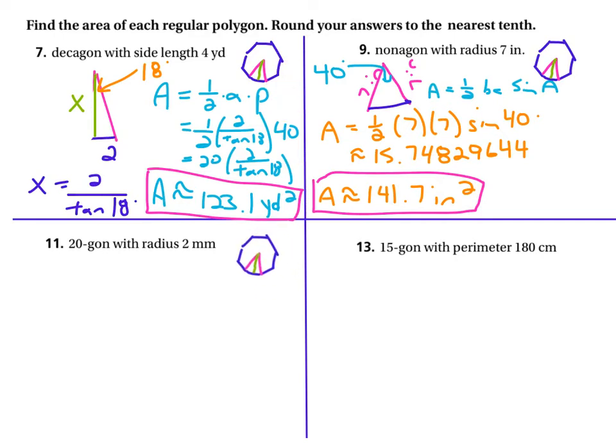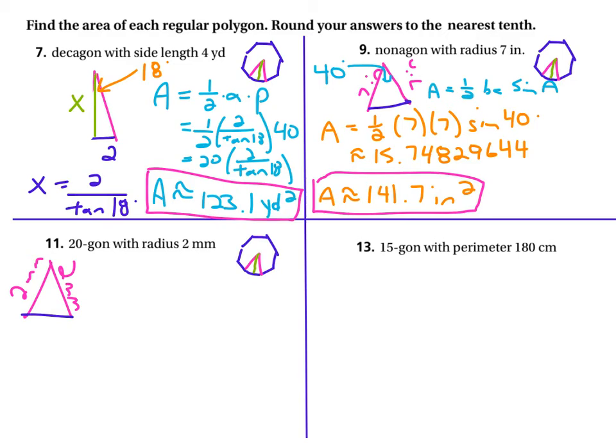This right here, okay. The two pink sides will be the radii. They'll each measure 2, and I'll draw that triangle out. These each are 2 millimeters, and the included angle is whatever you get when you divide 360 by 20.